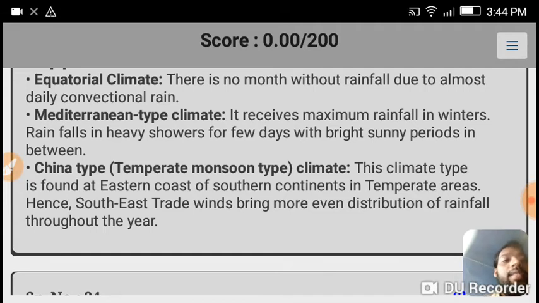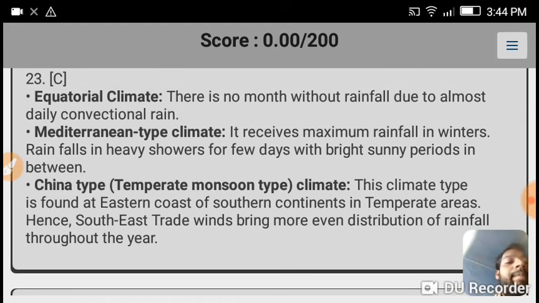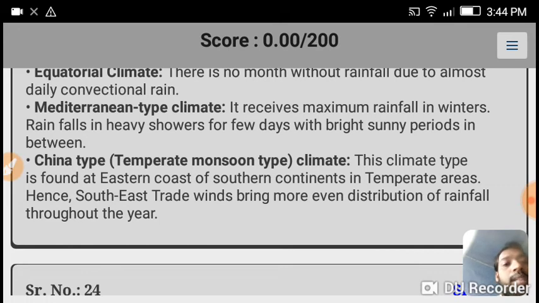And China type, it is the temperate monsoon type of climate. This type of climate is found on the eastern coast of southern continents in temperate areas. Hence, with the southeast trade winds, there is more even distribution of rainfall throughout the year.